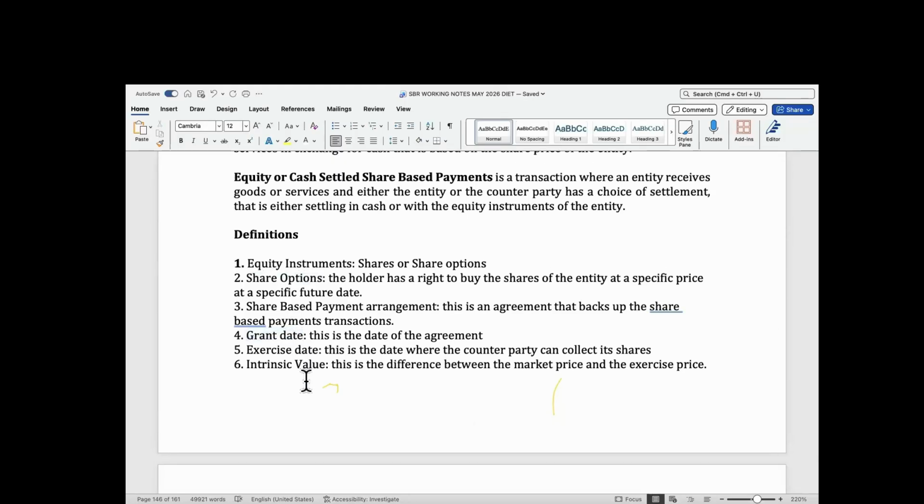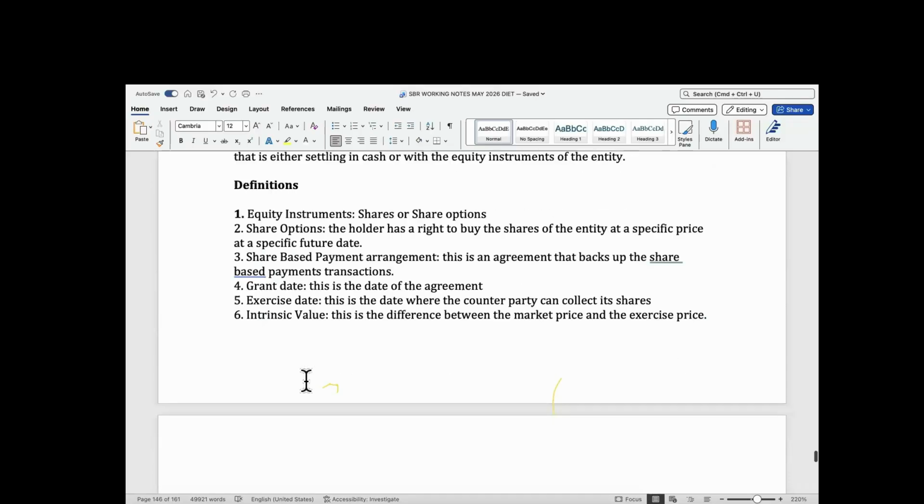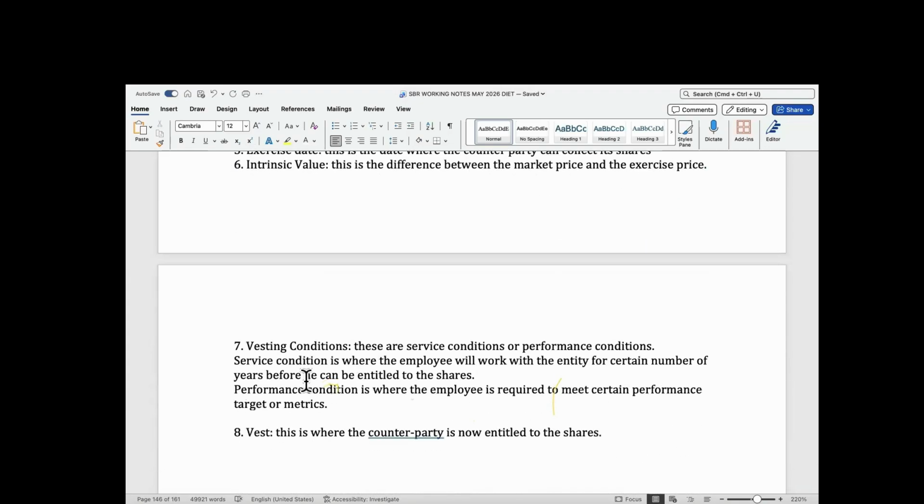I would also be mentioning exercise price and the dates, and intrinsic value quite a number of times. Of course, in almost all our questions, there will always be vesting conditions.